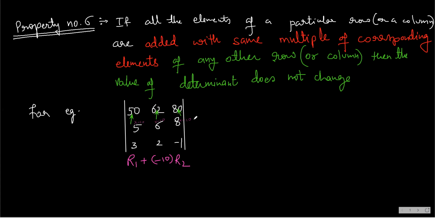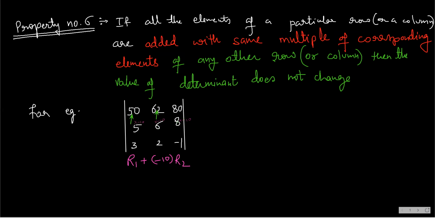Whatever you are getting by multiplying minus 10, you will not add in this or this. It will be added correspondingly, like this, here, and like this.